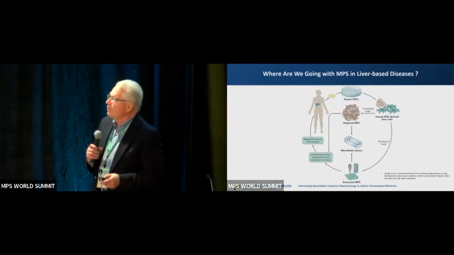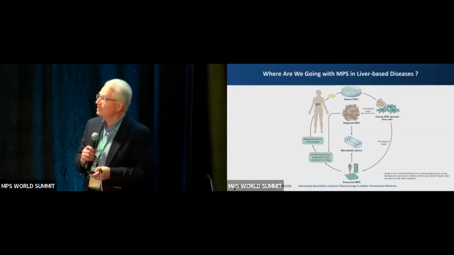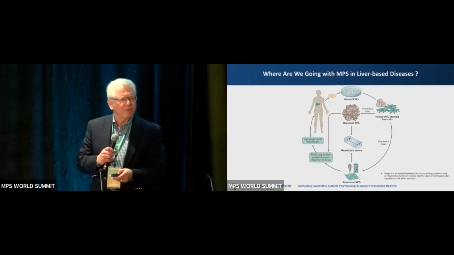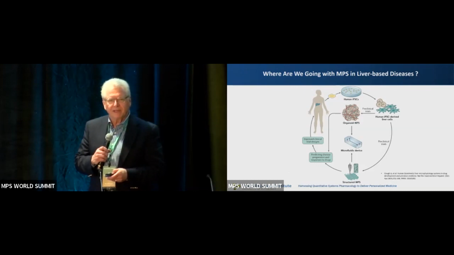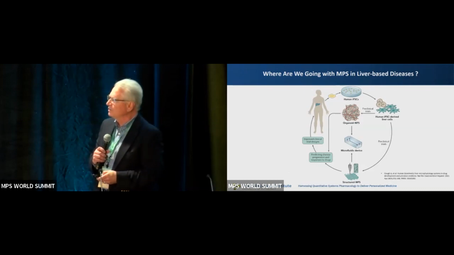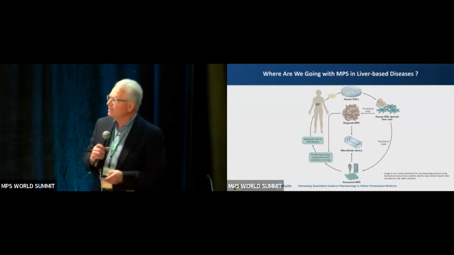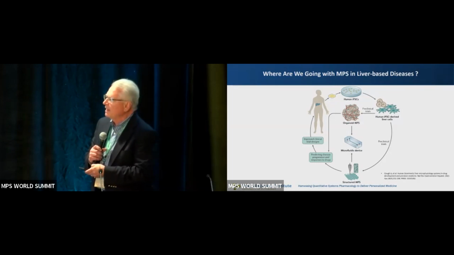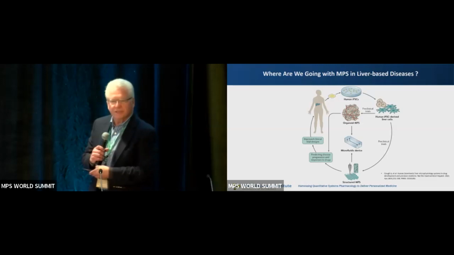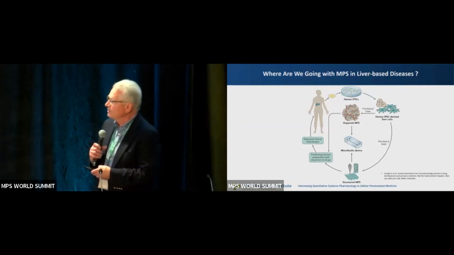So where are we going with MPS and liver-based diseases? I think it's fair to say we all believe that in time we'll be using stem cells so we can make these precision medicine tools. These cells can be obtained either directly from the organ, and we make organoids that way, or you can access them through the skin cells or blood cells and generate iPSCs that then can be driven to specific, in this case, liver cells.